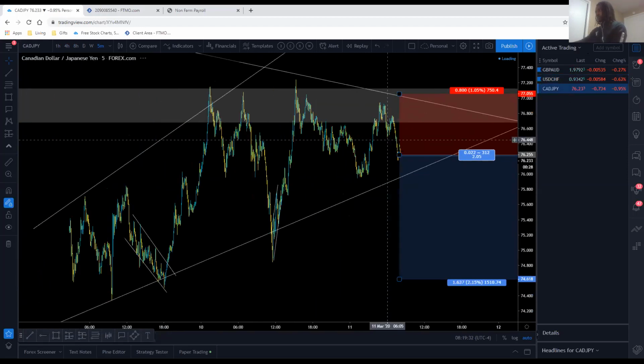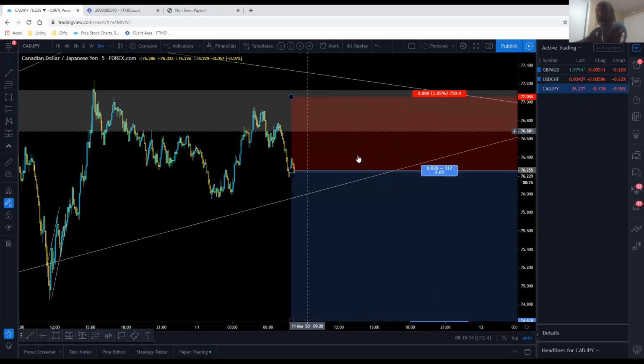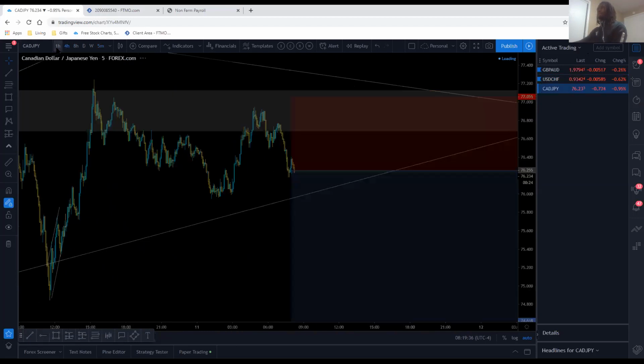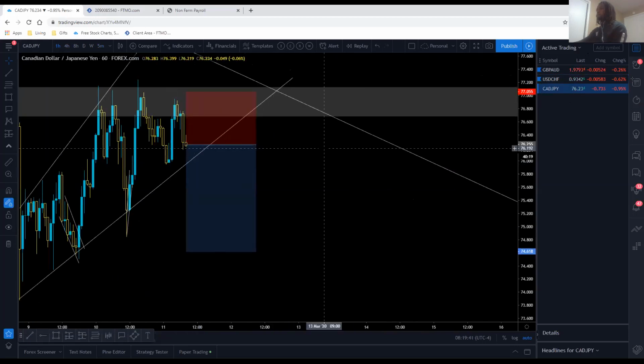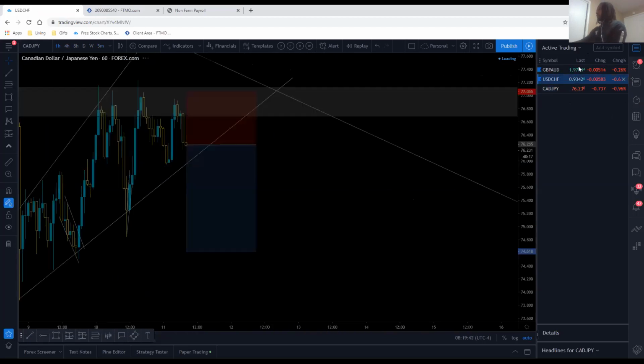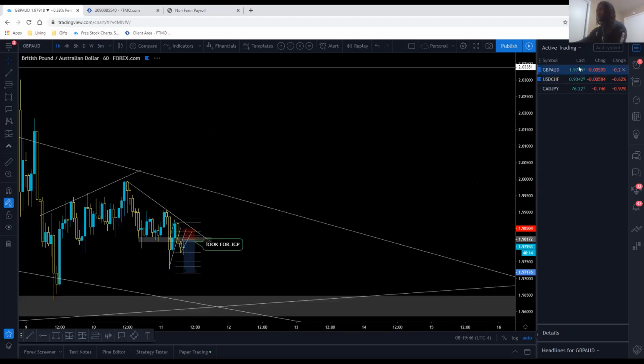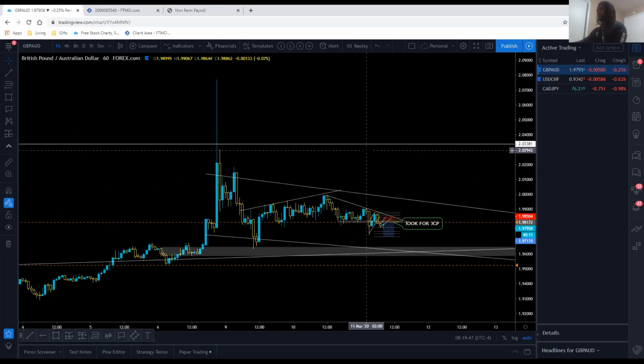I actually want to find a cleaner setup. This one is clean as hell. Kind of late. Not gonna take that one yet. What about this one?